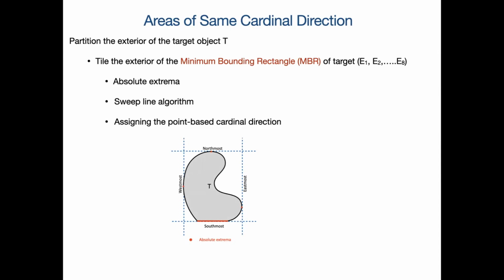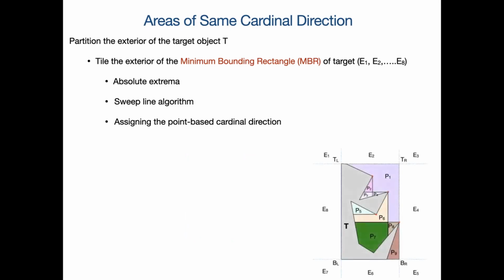The extrema points mean the absolute extrema points of the object in the northmost, eastmost, southmost and westmost. In this region, we are using the projection based model to partition the exterior of the target object. Following that, we use the swept line algorithm and assign the cardinal point to region direction relations for each tile.